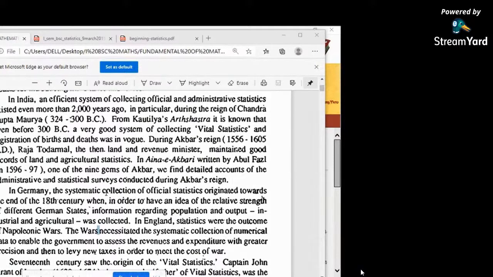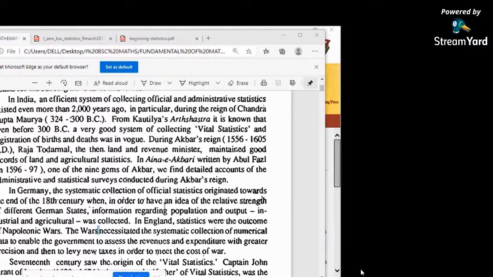In Germany, the systematic collection of official statistics originated towards the end of the 18th century. You know, the mathematical scientists lived during the 15th, 16th, 17th, 18th centuries, etc. So after the development of mathematical theory, in Germany, the system of collection of official statistics began.